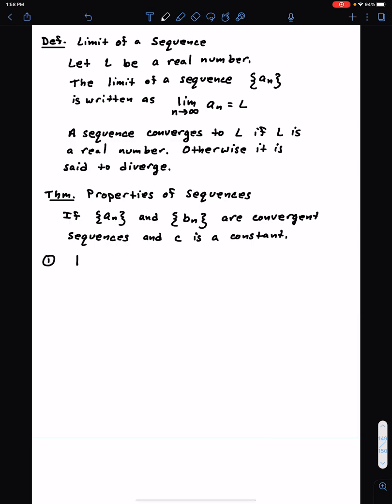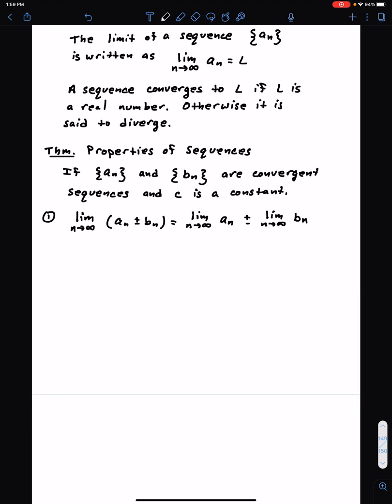The limit as n approaches infinity of the sum or difference of two sequences. So limit as n approaches infinity of a sub n plus or minus b sub n is equal to the limit as n approaches infinity of a sub n plus or minus the limit as n approaches infinity of b sub n.